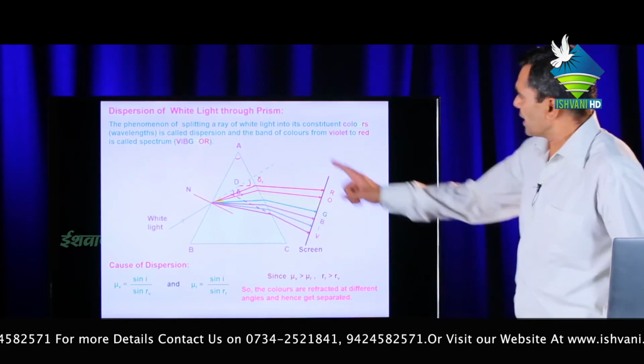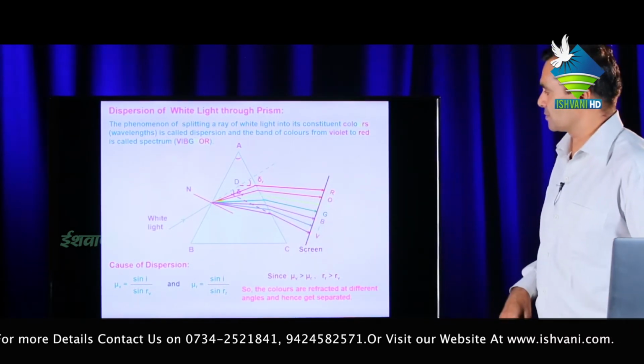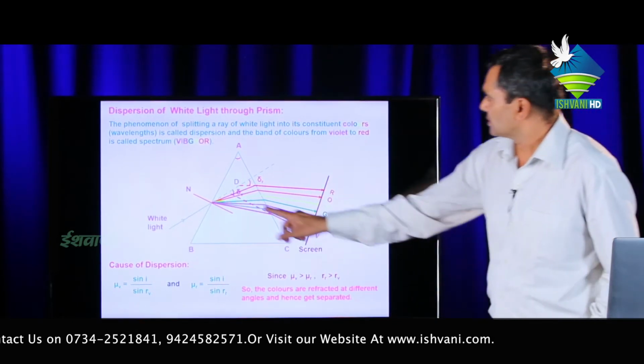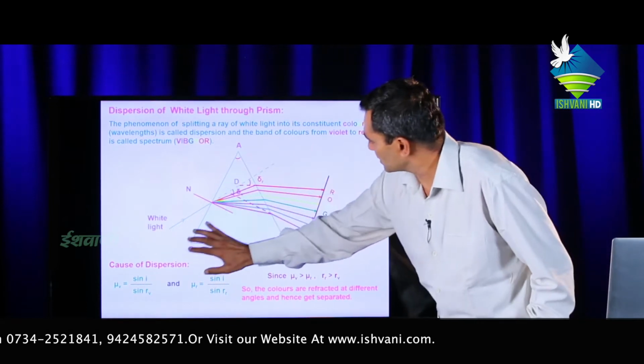In the figure, ABC is a prism which has two refracting surfaces. Now this is the normal on the surface AB.